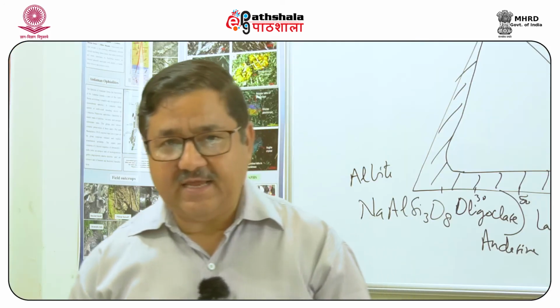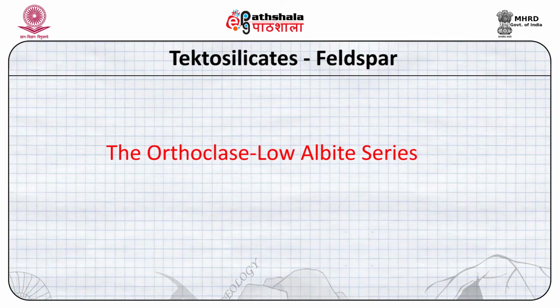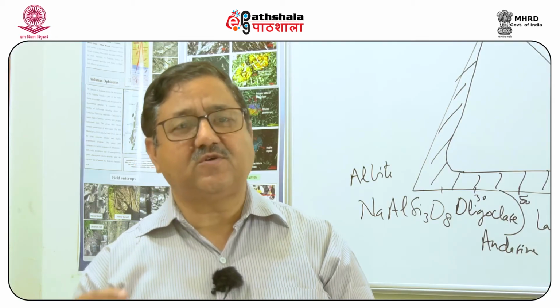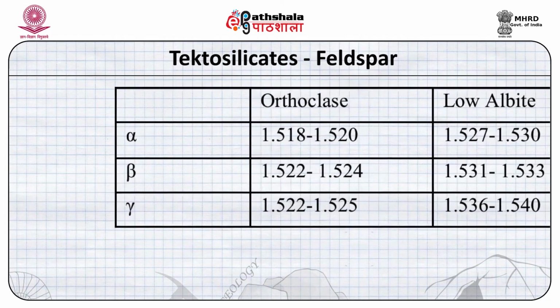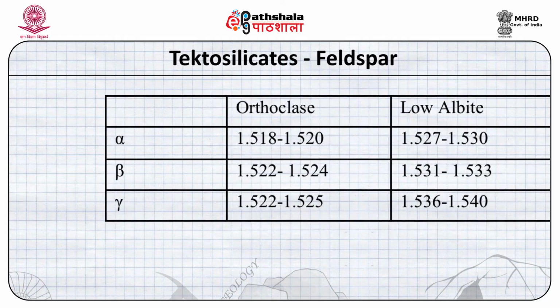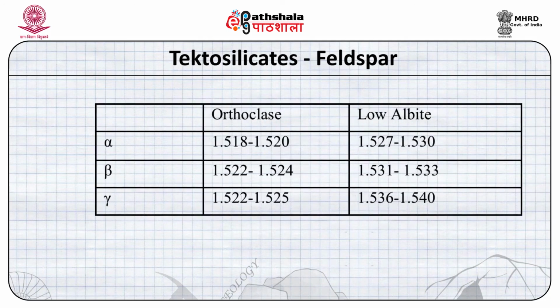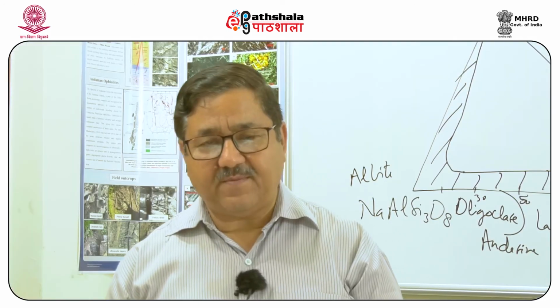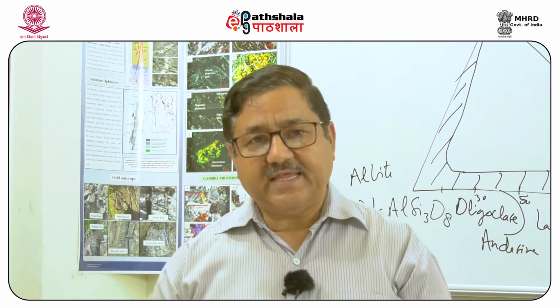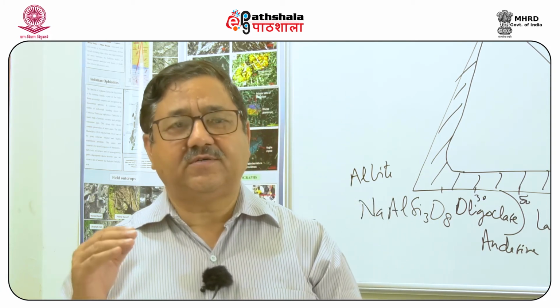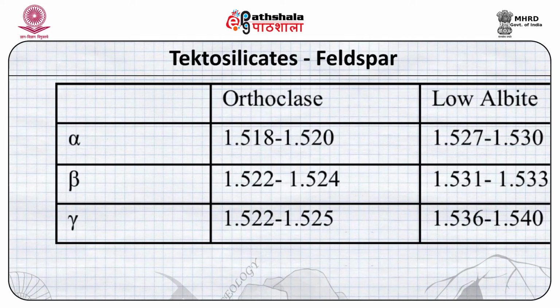The second series of the alkali feldspar is the orthoclase low albite series, and it is similar to the high sanidine albite series. Now, in case of the orthoclase low albite series, it is at slightly lower temperature, and the values of alpha, beta and gamma are lower than those for the high sanidine high albite series.